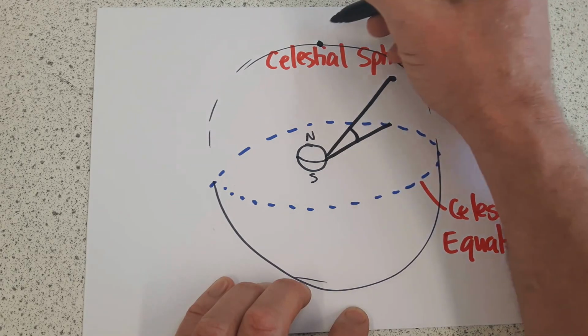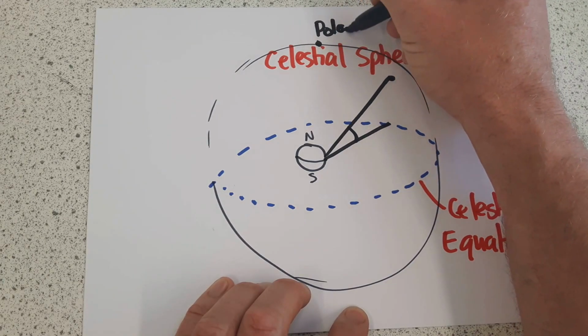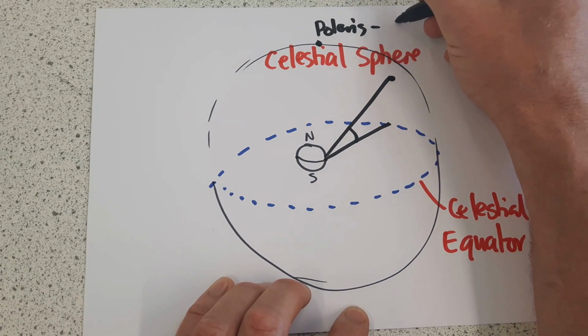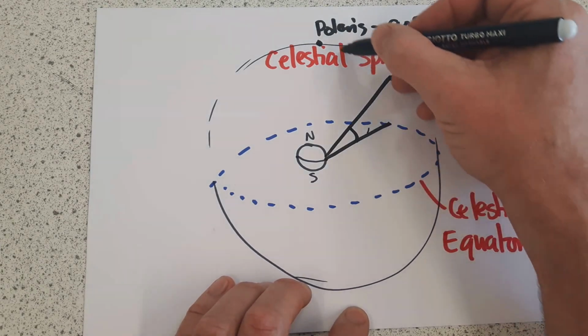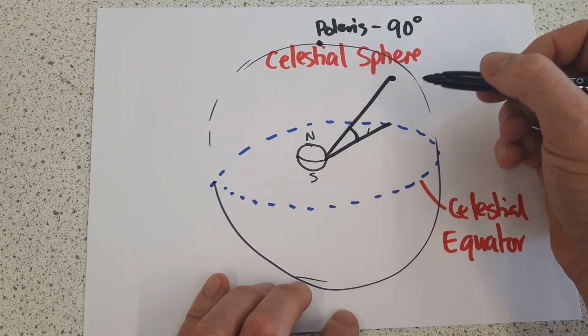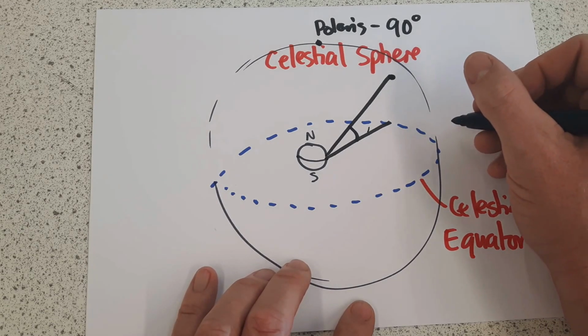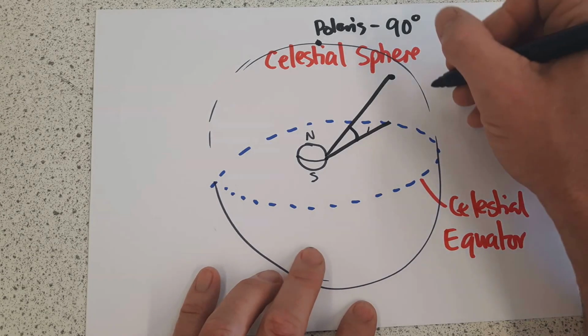At the very top here we have the pole star, or Polaris, and that would be at 90 degrees, and we call this vertical angle above the celestial sphere the declination.